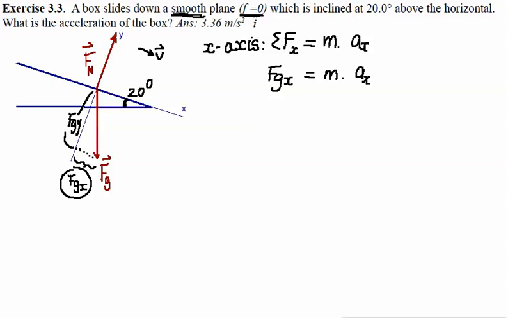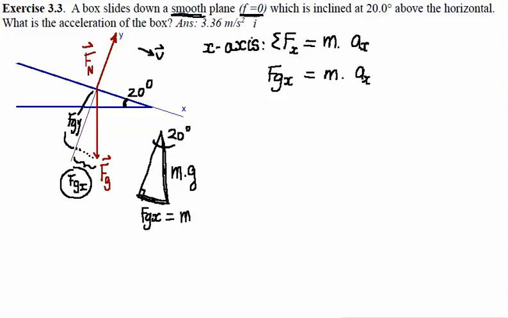You can use that triangle there. So we have a triangle like this with a right angle over here. This angle is 20 degrees. This side is the hypotenuse, and it's also m times g. So Fgx is on the opposite side. If you look at the 20-degree angle, Fgx is this side, which is on the opposite side.